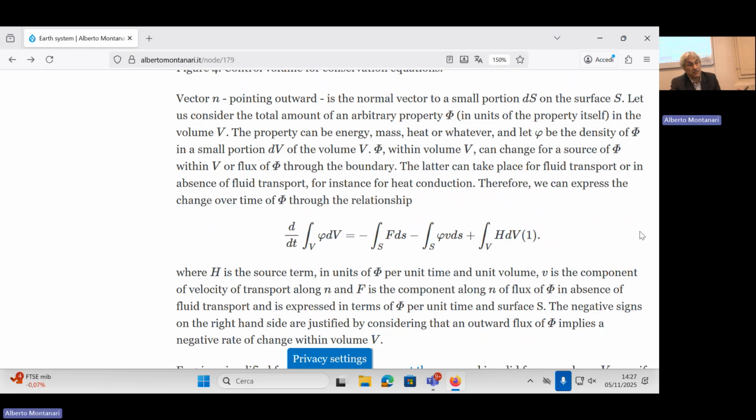But the most important thing is that you are able to explain the assumptions and the components of this equation, okay? So the change in storage over time is given by blah, blah, blah, blah. 3 terms, and you can describe them.